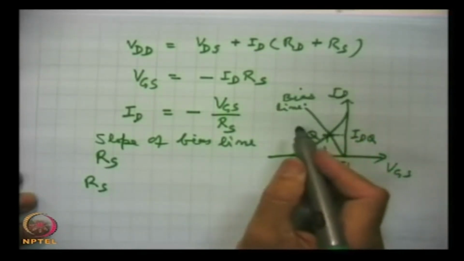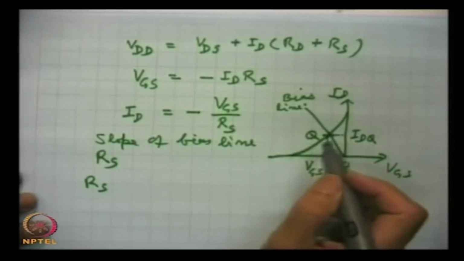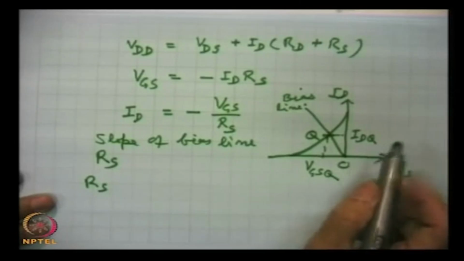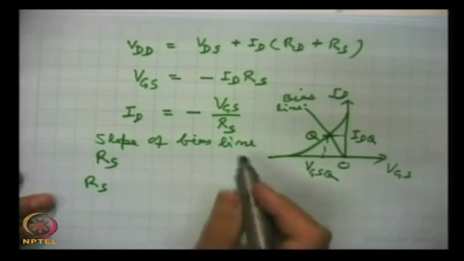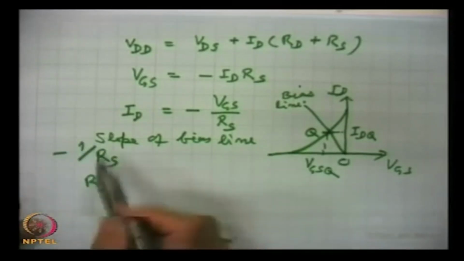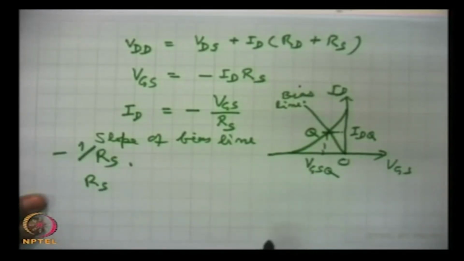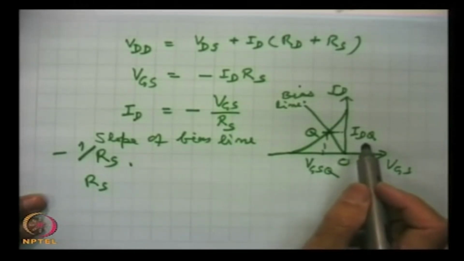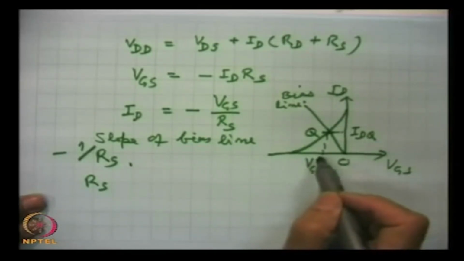So, normally we choose somewhere in the center, and hence the slope will give the value of R S, and the slope of the line is actually minus 1 by R S. So, this will give the value of R S, and at the operating point what is the drain current and what is this voltage.